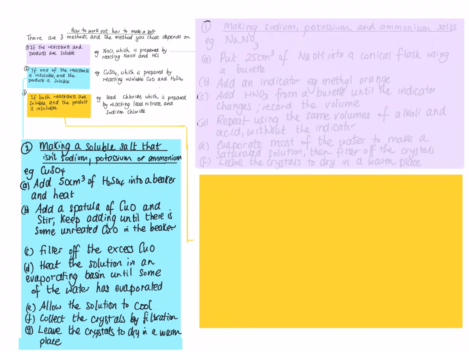This means the copper oxide is in excess, and the solution will go blue because you've made copper sulfate solution. You filter off excess copper oxide, you heat the solution in an evaporating basin until some of the water has evaporated. You will allow the solution to cool. You collect the crystals that you've made by filtration and then leave the crystals to dry in a warm place.